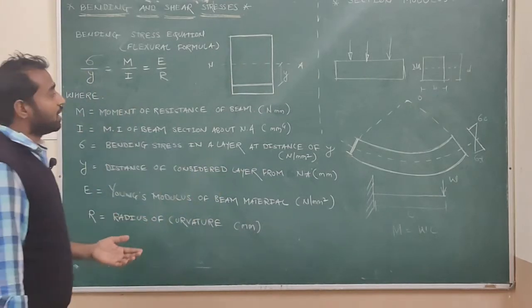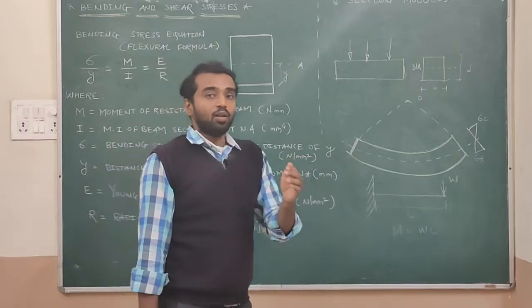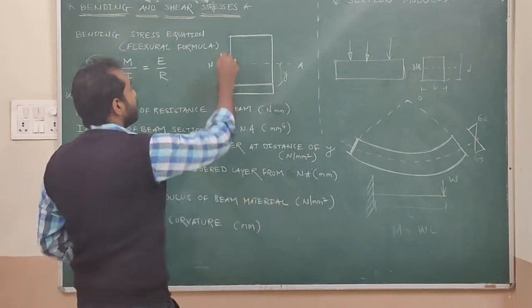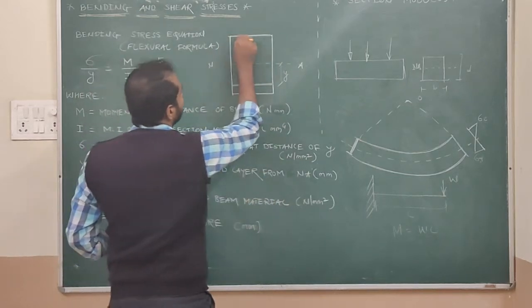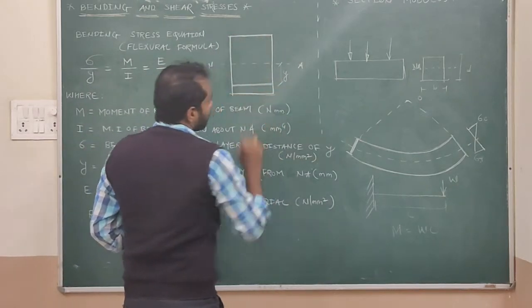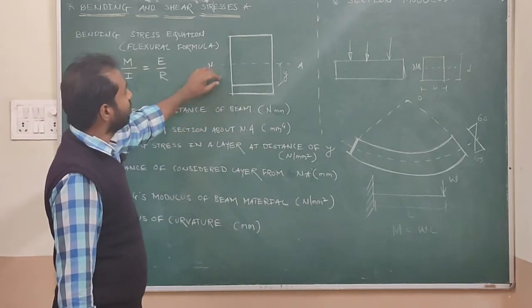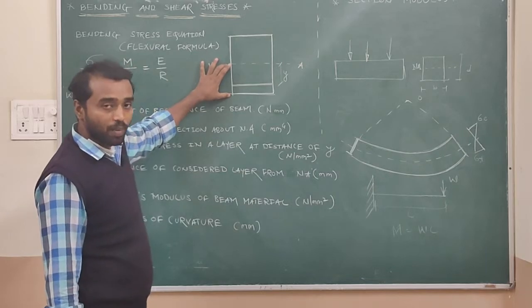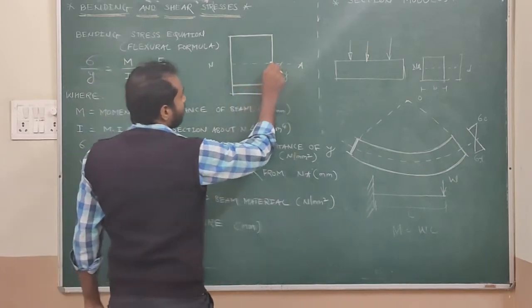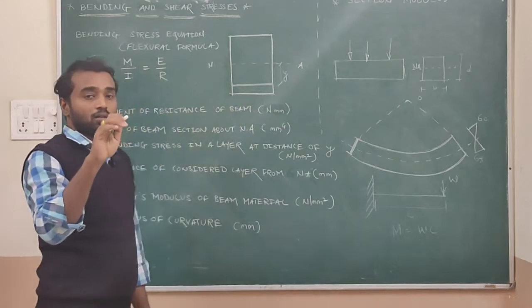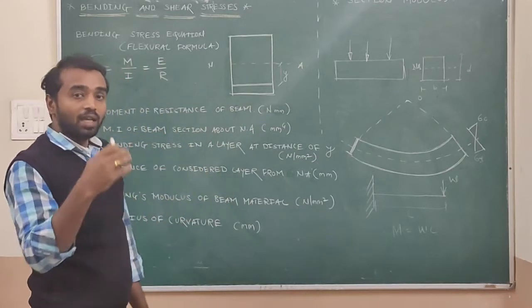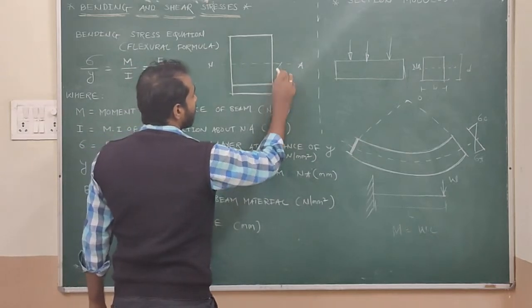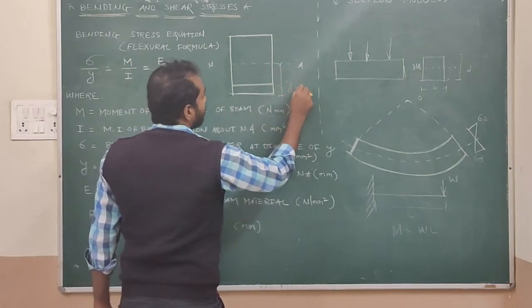If in the numerical it is said to find the value of stress at the extreme end, and you are given a rectangular beam, then I know that the neutral axis will be at a distance of d by 2 from this end, so my value of y will be d by 2.